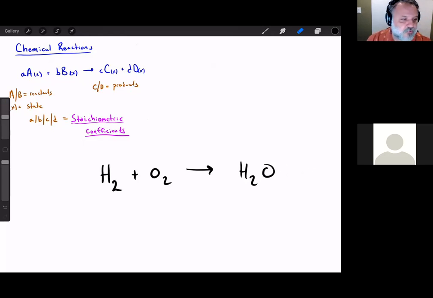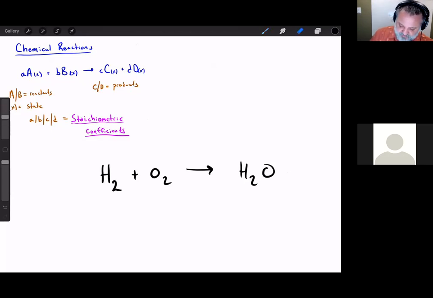Hydrogen molecule plus oxygen molecule makes water molecule. Not yet based in physical reality, not yet balanced. Doing this does make it balanced, but it changes the story. Hydrogen molecule plus oxygen molecule forms water molecule and an oxygen atom. Do you see how the story changed in the products? The products are different.